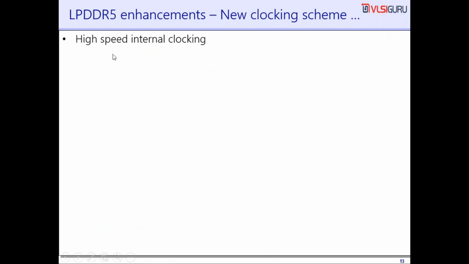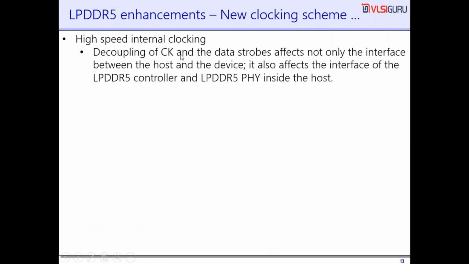High speed internal clocking is one more challenge. Decoupling of clock and data strobe affects not only the interface between host and device, it also affects the interface of the LPDDR5 controller and LPDDR5 PHY inside the host.